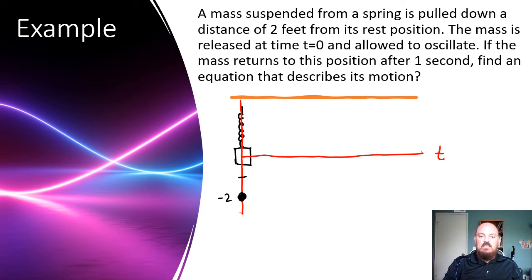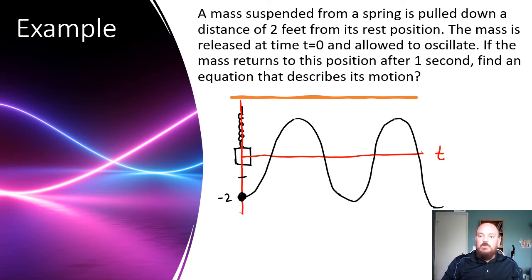So basically, at t equals 0, if I let it go, imagine moving to the right is time passing. It's going to go up to +2, back down to -2, up to +2, back down to -2, and it's going to keep going like that. So there's your wave graph, sine or cosine. And it is going up to +2 and down to -2.